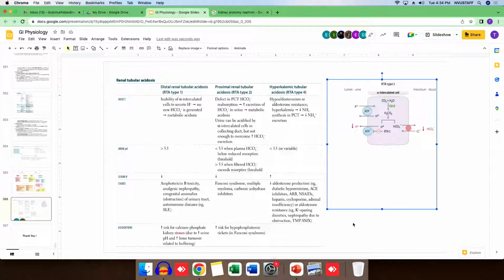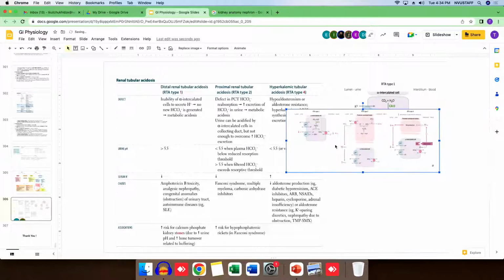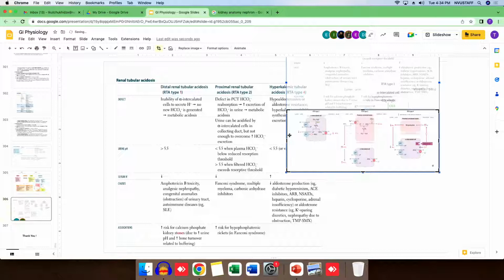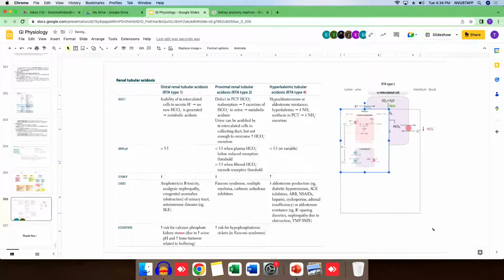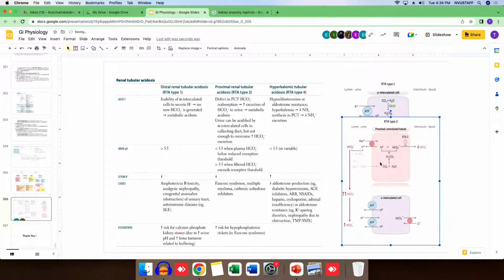Another thing is proximal renal tubular acidosis, and this will be involved in the quiz. Here we have a problem in the proximal convoluted tubule, and they are excreting too much bicarbonate in the urine, and we have metabolic acidosis.